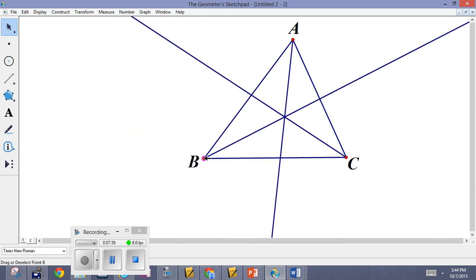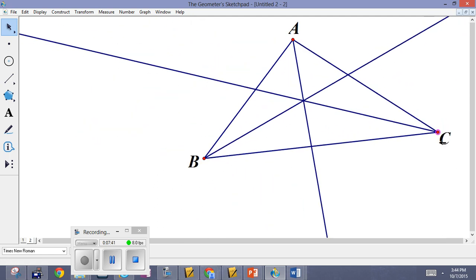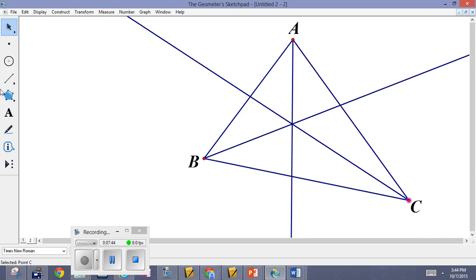Okay, and of course, that point might change as I change the triangle, but what isn't going to change is this. That's the center of the circle that sits right inside here. Okay, that's the center of the circle that sits right inside. All right, and that's called the inscribed circle.